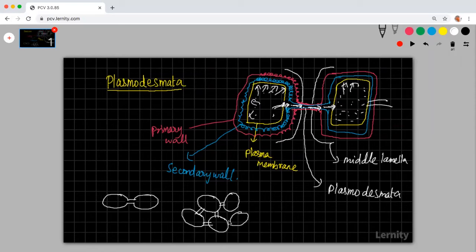Suppose they are closer, you might have a connection here also. Again, a connection can be like this. Like this, any number of bridges can be formed. So this is continuity. This is what plasmodesmata is. Are we understanding? Just take the diagram of plasmodesmata.